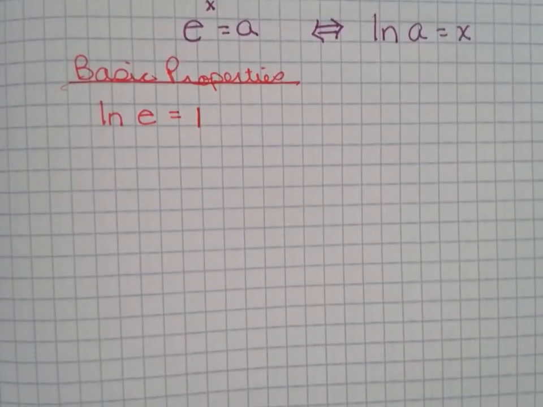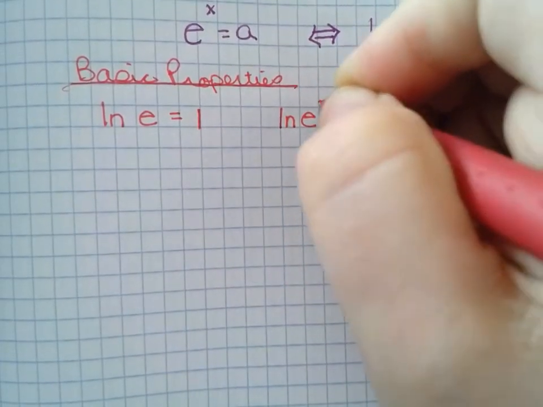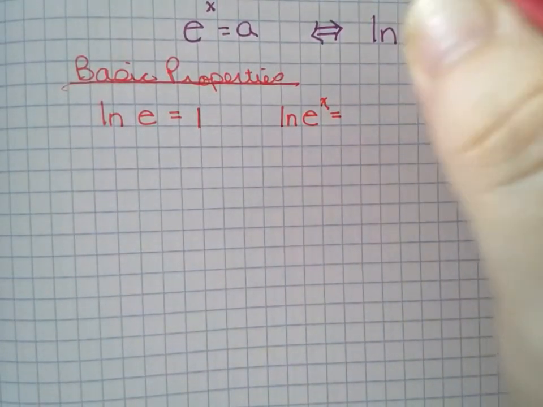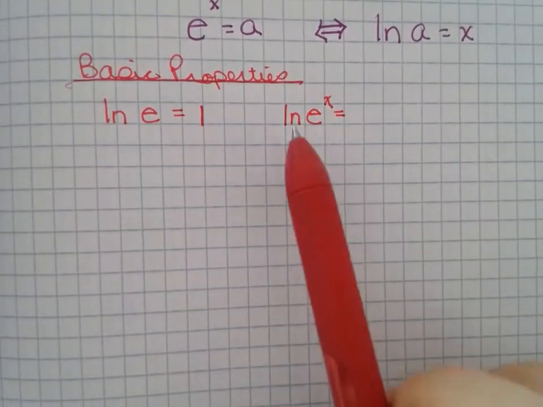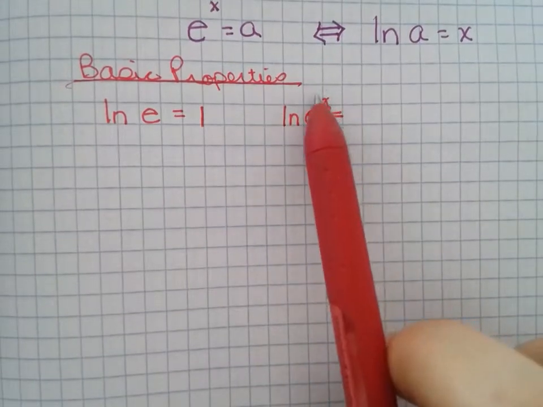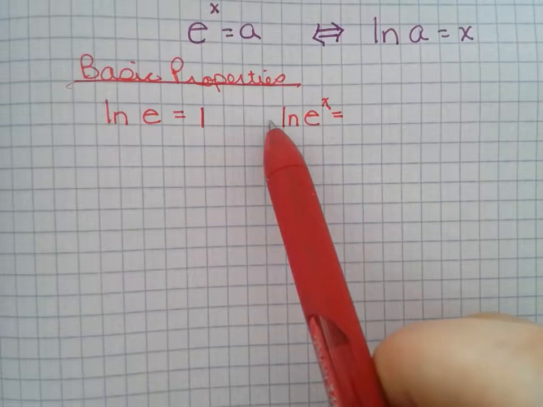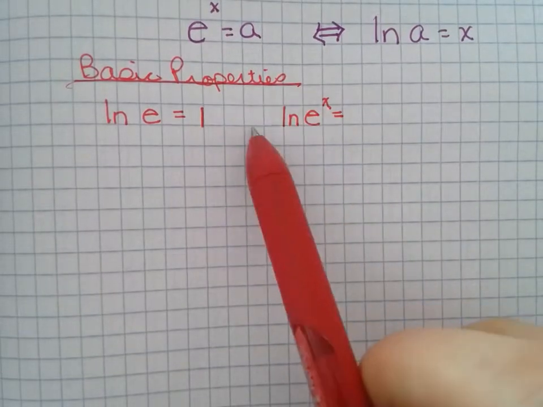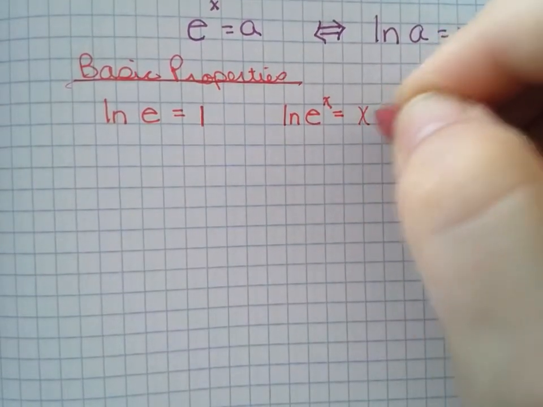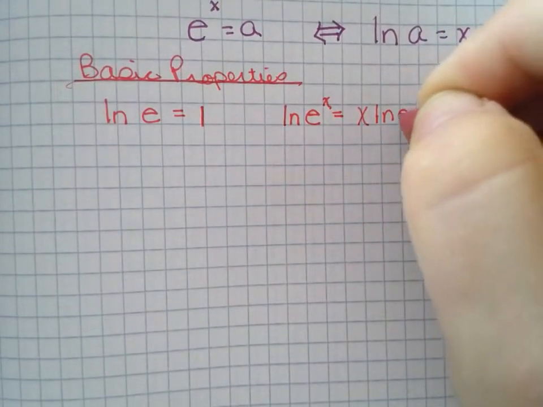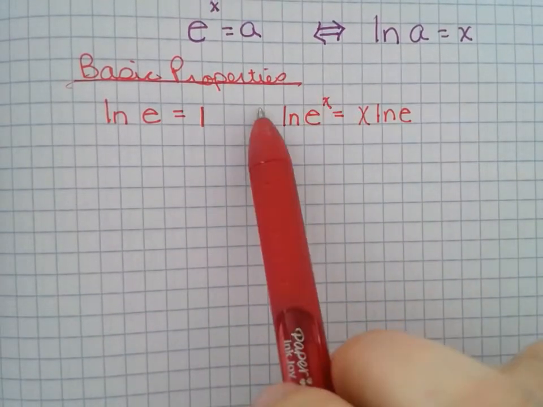Another basic property, the natural log of e to the x is equal to... okay, let's remember a very basic log property that y'all learned. Anytime you take a log and there's an exponent, remember that this exponent can then come down front. If you're taking the natural log, exponents get to come down in front.